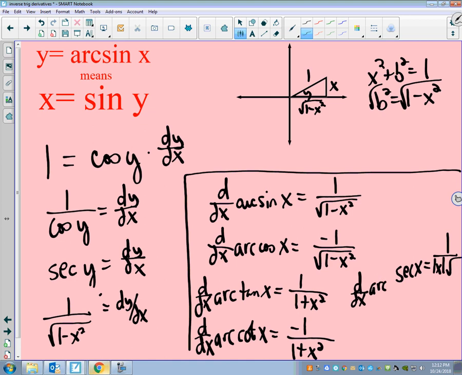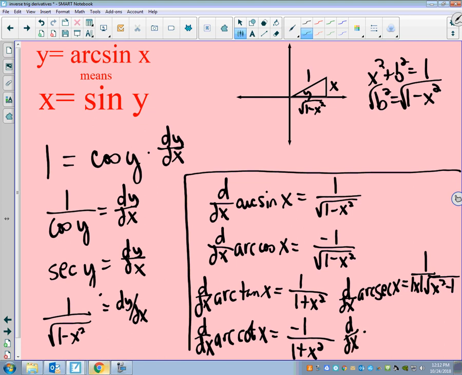Oh, I don't have enough room. So it's switched from the other one. And the derivative of arc cosecant is negative 1 over the absolute value of x times the square root of x squared minus 1. So although there's 6 of them, there's really just 3. And then all the co functions are still negative.